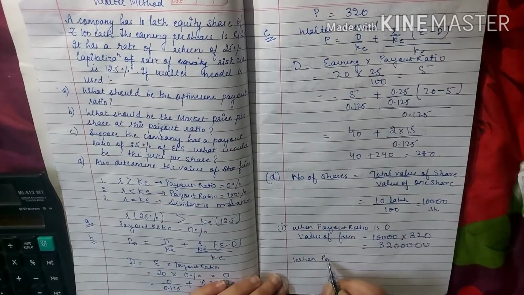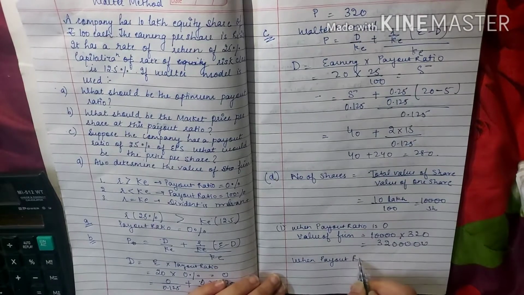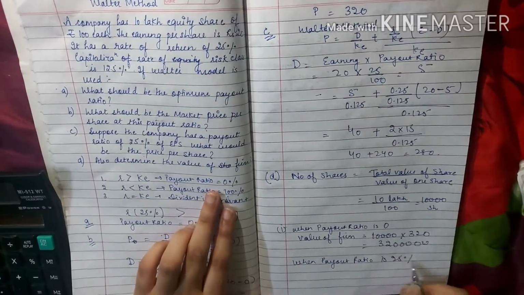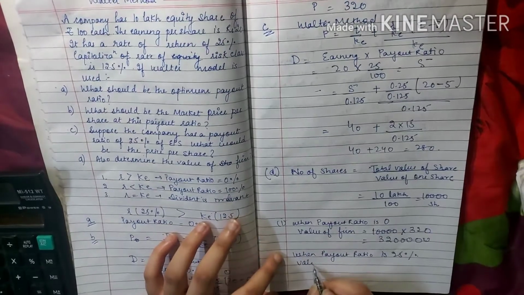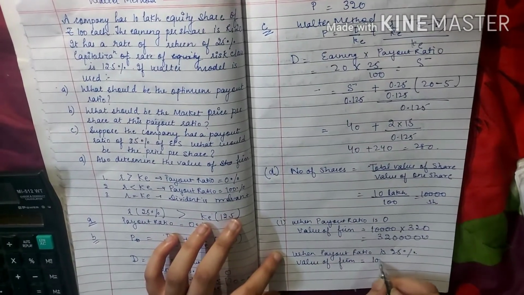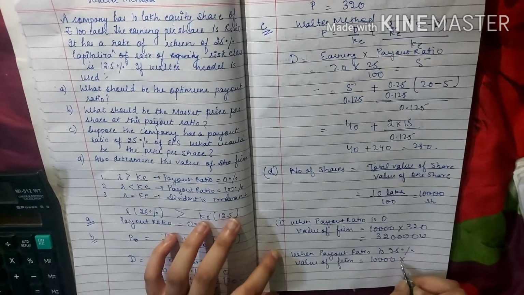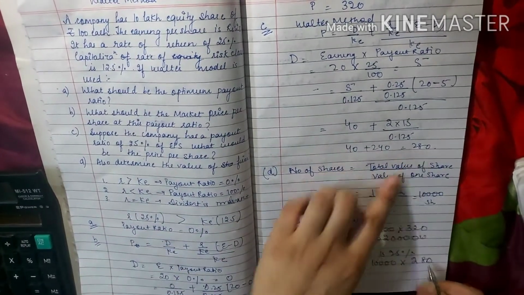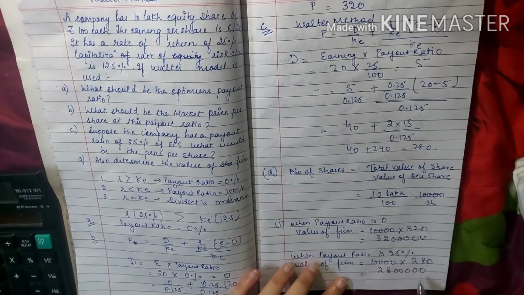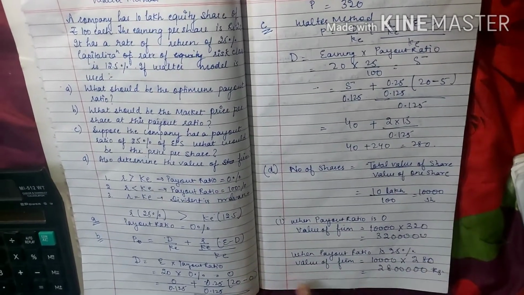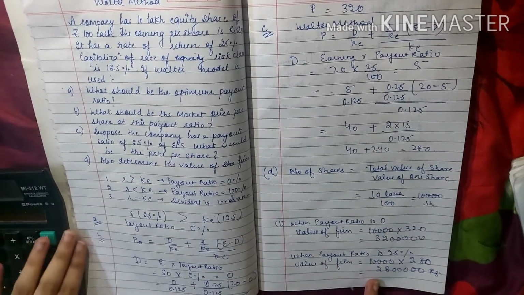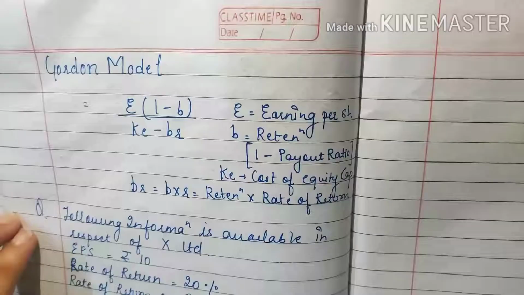When payout ratio is 25%, value of firm is equal to total number of shares, that is 10,000 into 280, that will be 28 lakh rupees. So this is the value of the firm when the payout ratio is 25%. So the question is solved here.